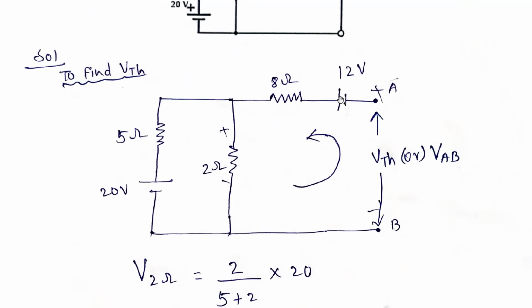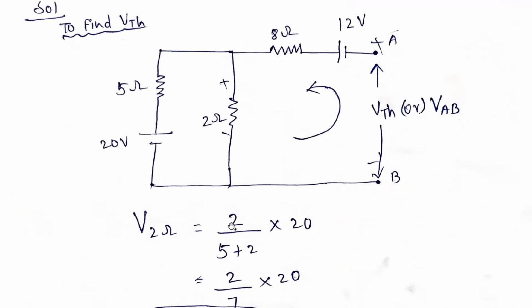Here this voltage source, this battery source, we can call it voltage source or battery source, whatever it might be, is supplying 12 volts. In this loop, it is easy to find the voltage across this point. The voltage across the 2 ohms we can easily find using the voltage division principle.